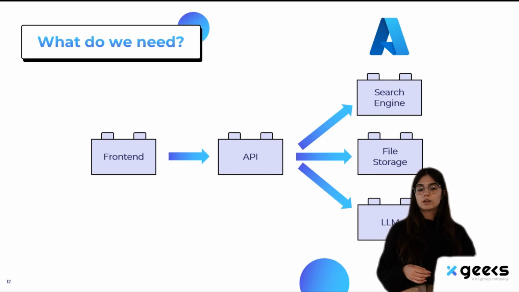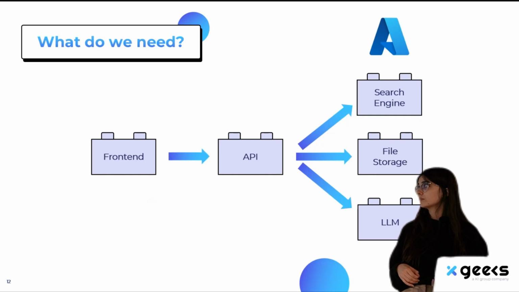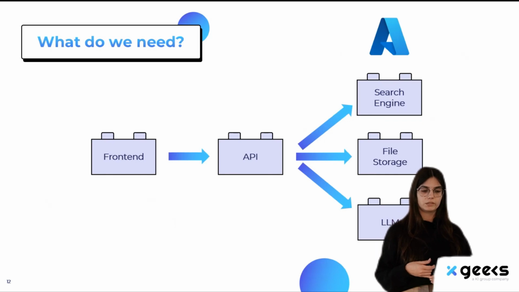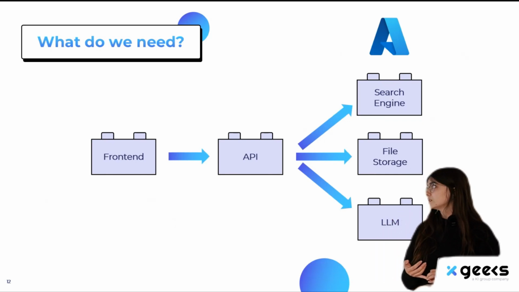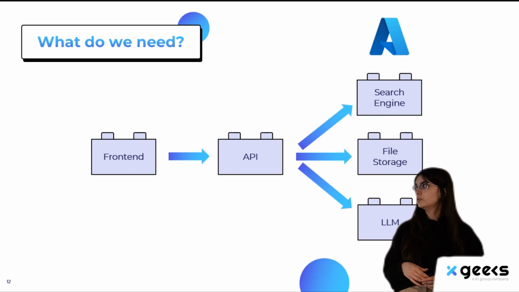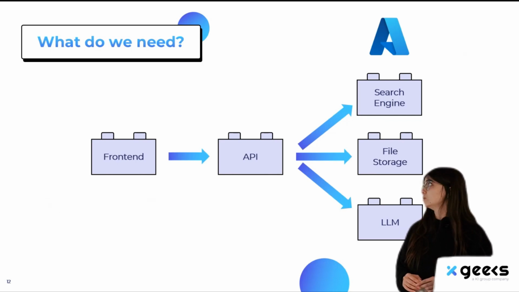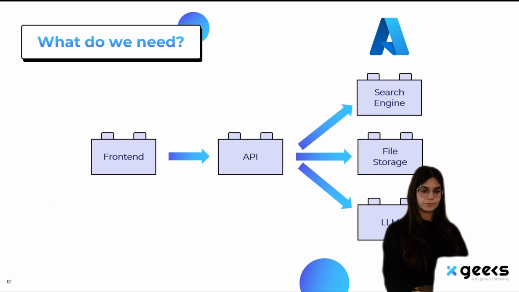And also, we need this search engine to be able to filter for these parameters. Also, we need an LLM, so we can give them context and get our answer back to retrieve in the chatbot. And one of the requirements of our customer was to have this solution within Azure environment.